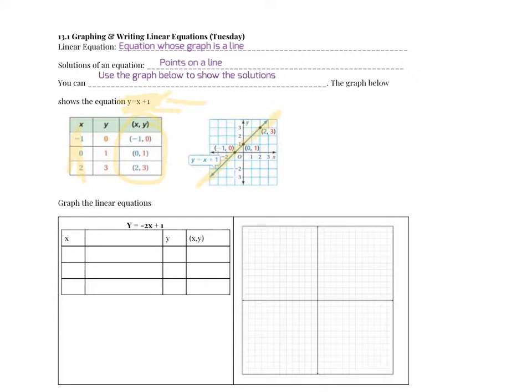So let's go ahead and we'll try that with the next one. I left some area open for you to write in hopes that you would get the hang of it. So in here in the middle, you can put y equals -2x plus 1.